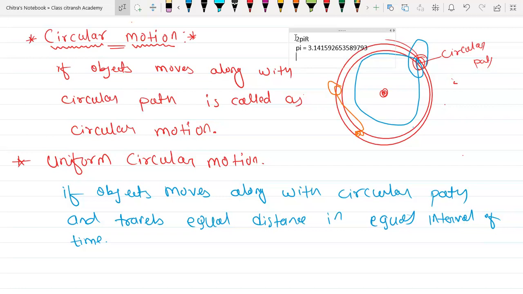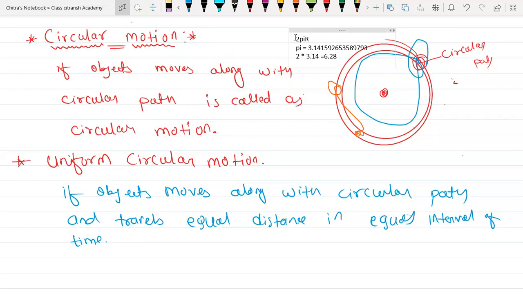What if we multiply 2 by 3.14? How much will you get? It is 6.28. So 6.28 into the radius will be the distance traveled by the object.